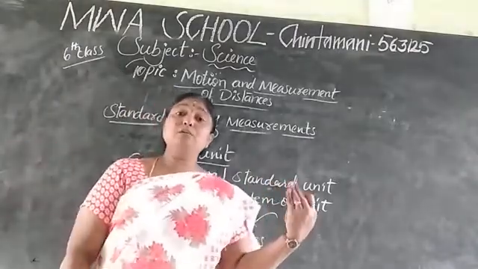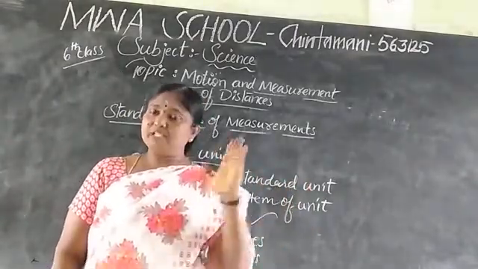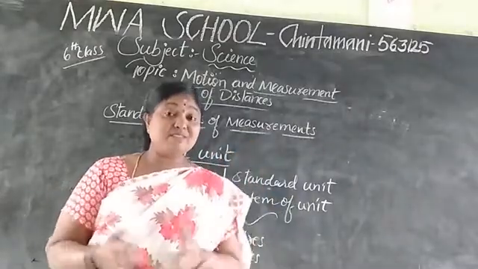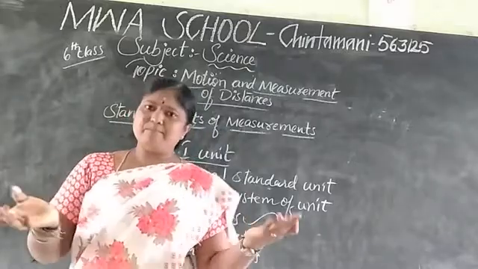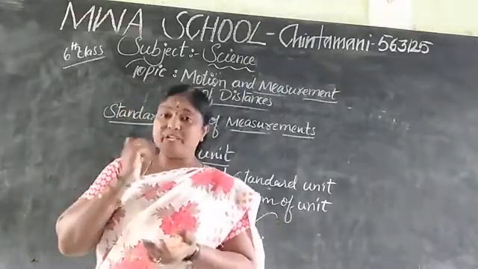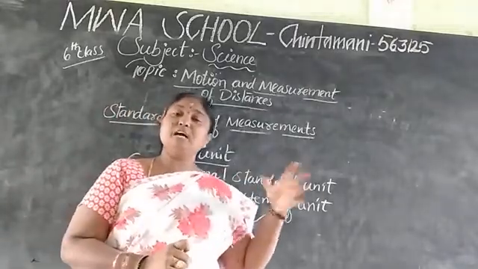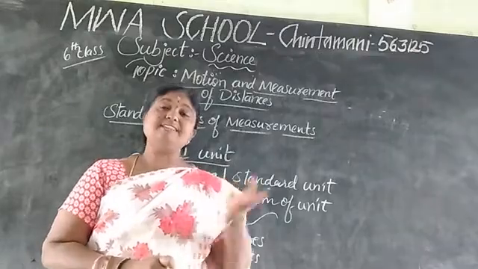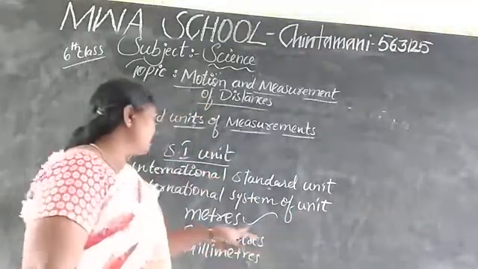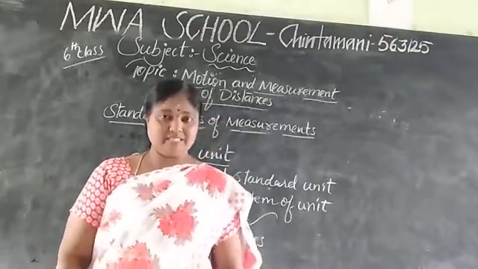If we want to measure long distances, for example from Chintamani to Bangalore, what is the distance we have? We will say it is somewhat 75 kilometers. Yes. So if you are going to measure long distances, there we take kilometers. Or else our SI unit of length is nothing but meters.